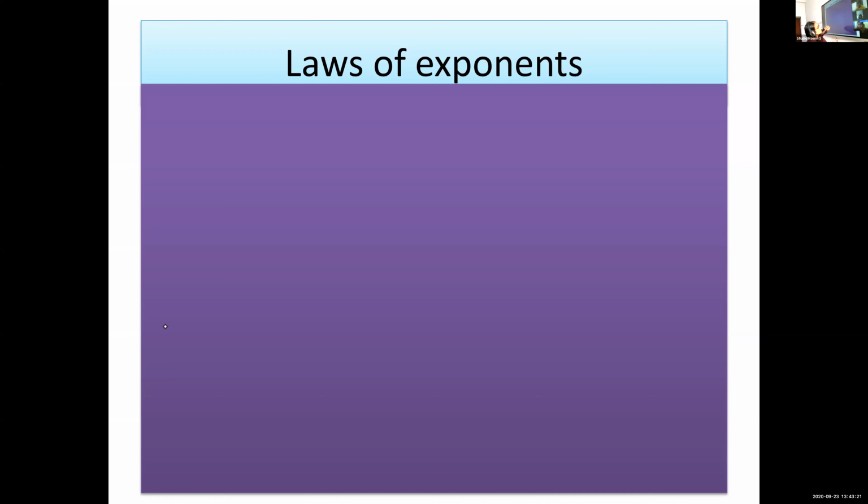Anashwara, first law. A raised to m and a raised to n, a raised to m into a raised to n is equal to a raised to m plus n.